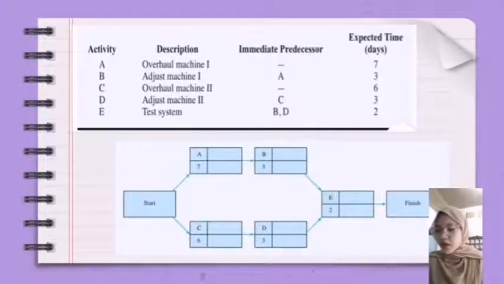So the times for the maintenance activities are considered to be known, and a single time estimate is given for each activity.